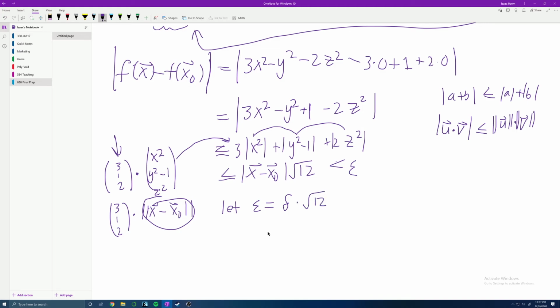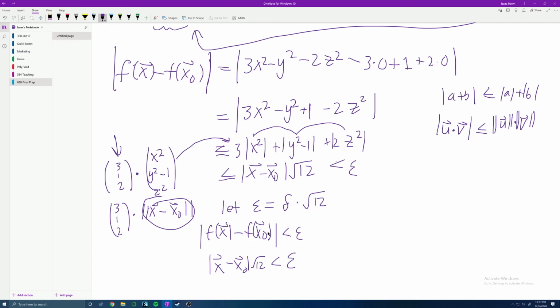So we have that f of x minus f of x naught, we have that that's less than delta. And then we also have that x minus x naught times root 12 is less than epsilon from these steps we performed up here.